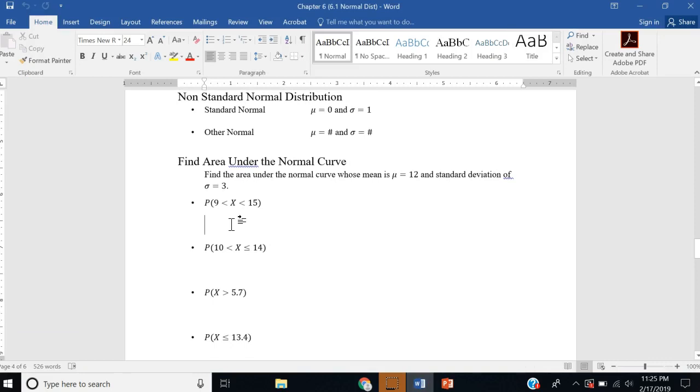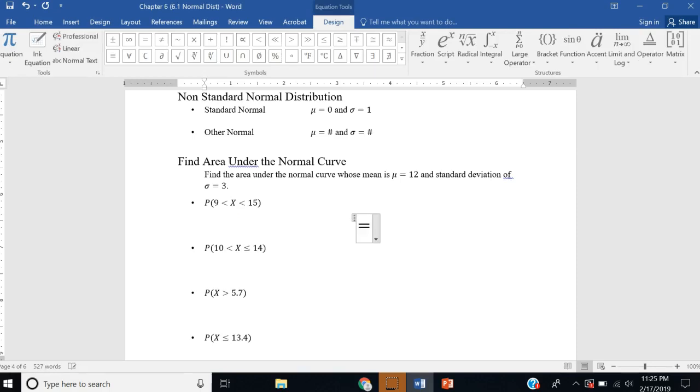Well, we already know that probability is area under the curve. We know this is a normal curve whose mean is 12 and standard deviation is 3, so we can just use the normal CDF function again.